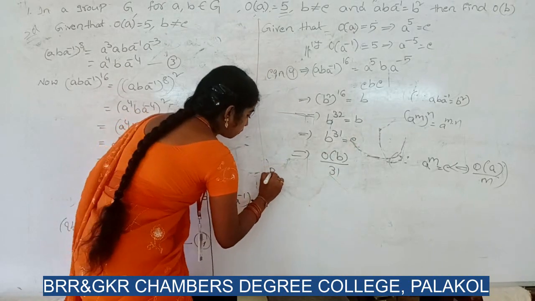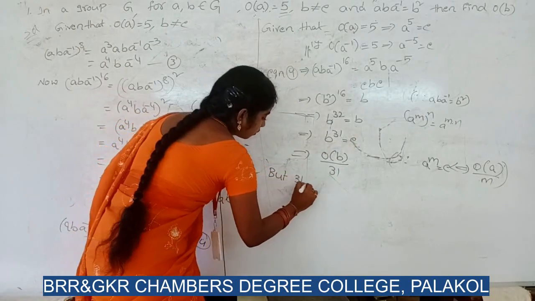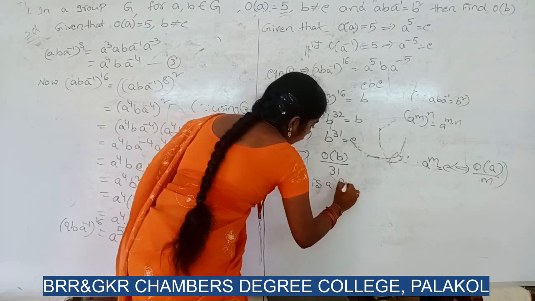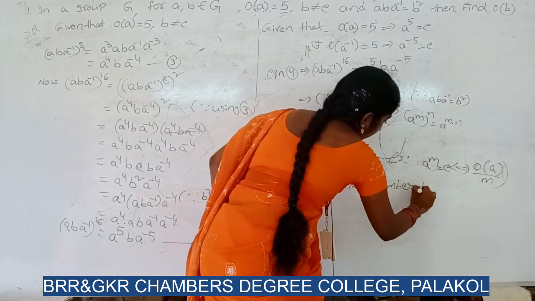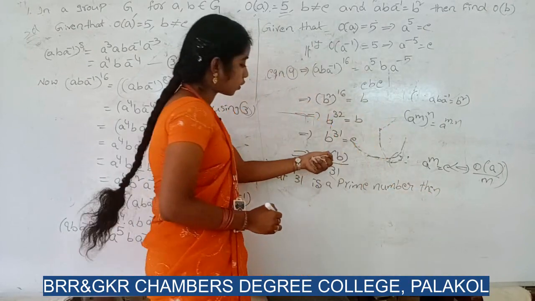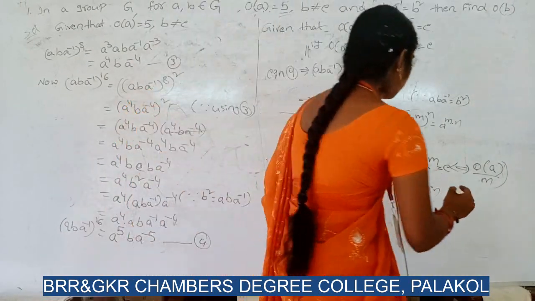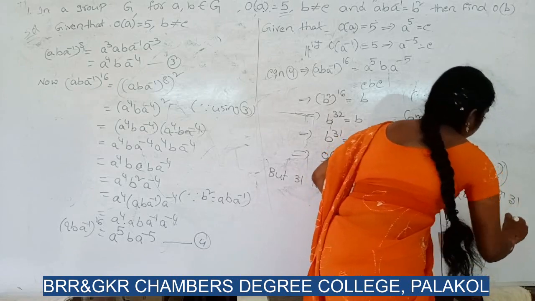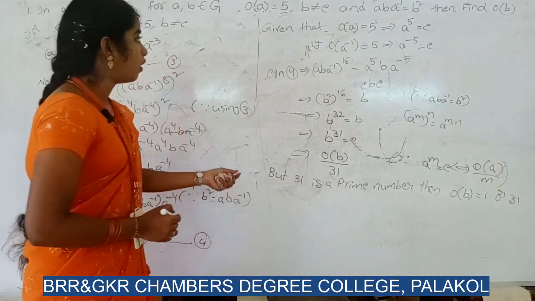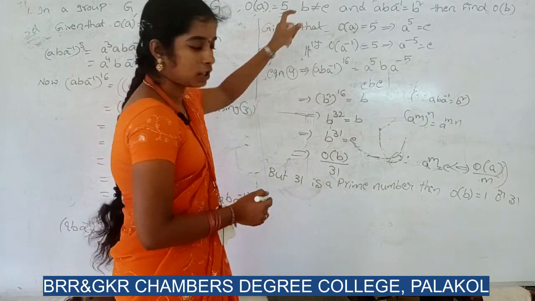But 31 is a prime number. Then order of B equal to 1 or 31. Already you know that B not equal to E.